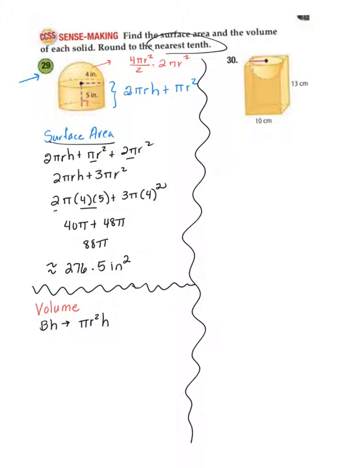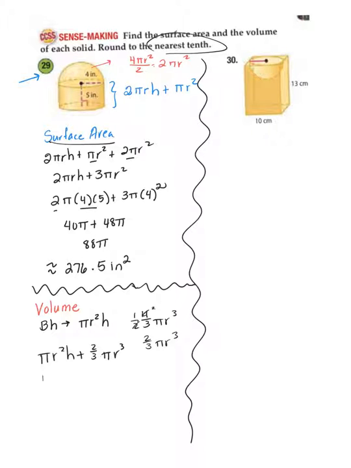Then the volume for my sphere is going to be 4/3 pi r cubed. But I've got to take half of that. So that's really going to be 2/3 pi r cubed. So again, pulling it together, the bottom part plus the top part should give me the volume of that entire solid.